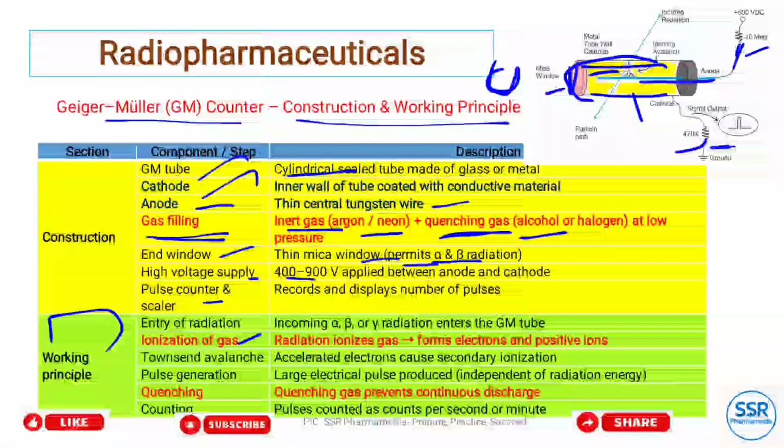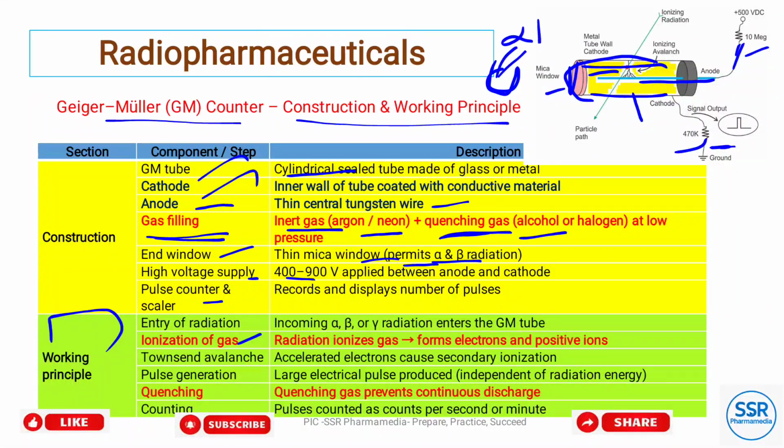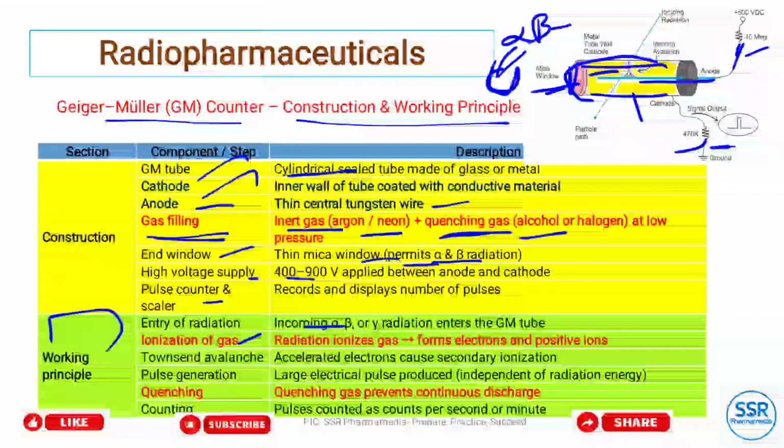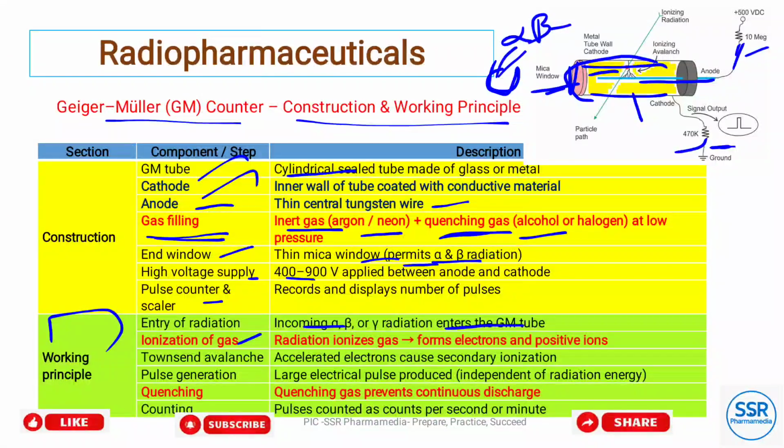If the substance emits alpha or beta radiations, the radiations enter through the mica window into the GM tube, a cylindrical tube. Inside the tube, ionizing gas is already present, so after entering, the radiations ionize the gas.